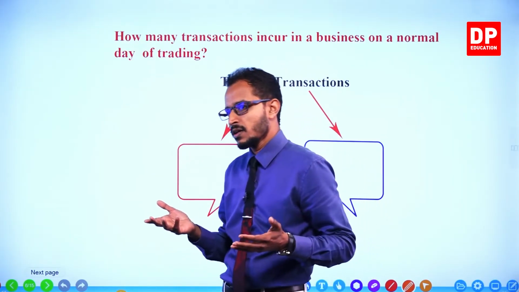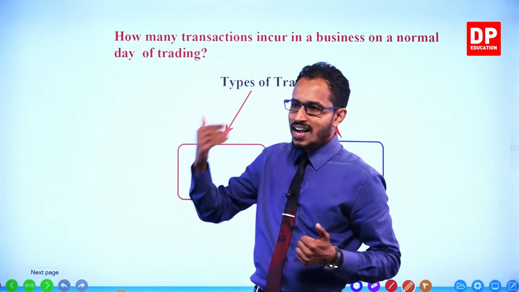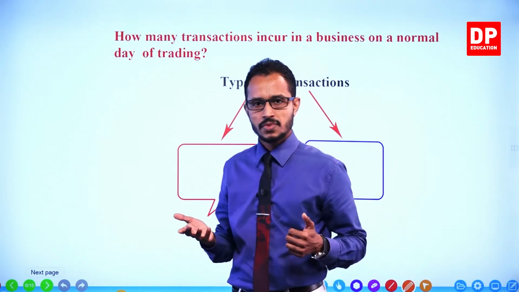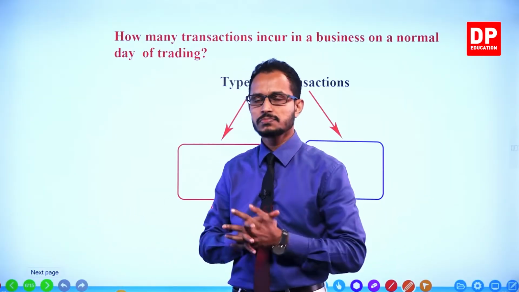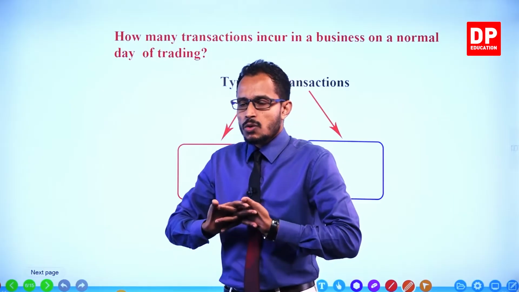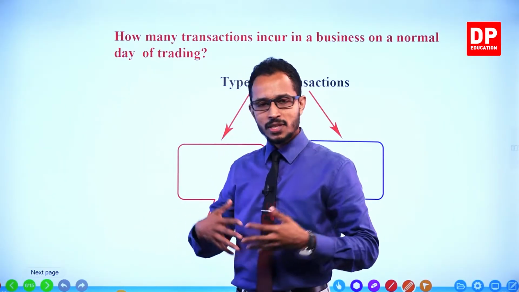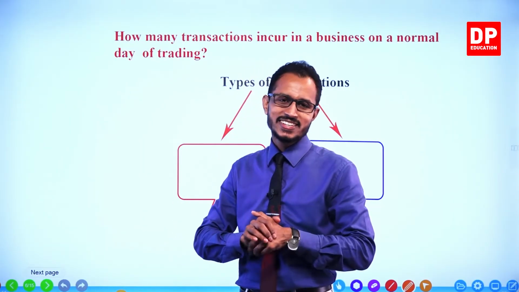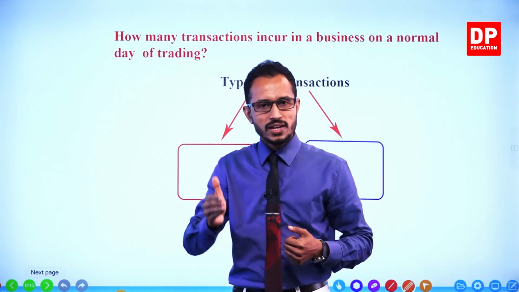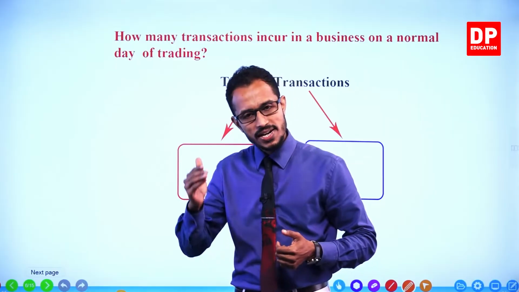If it is a large scale business such as a supermarket, Cargills, well, there can be thousands of transactions happening on a normal day.